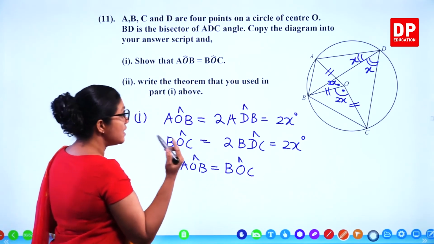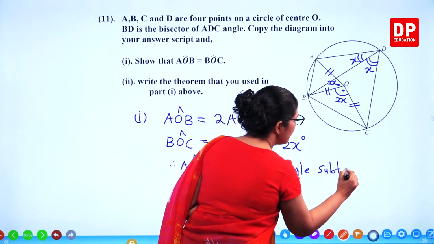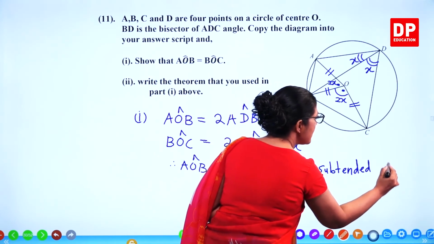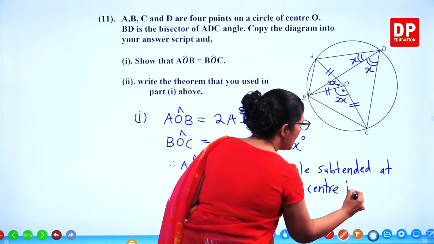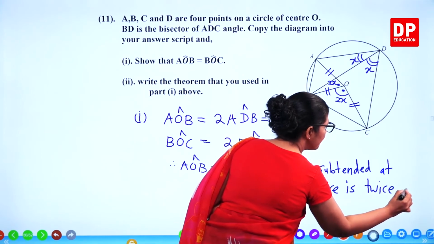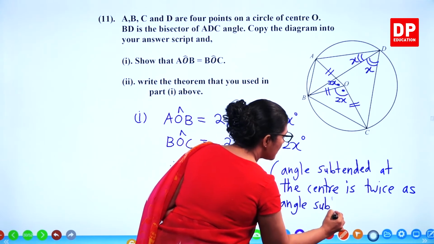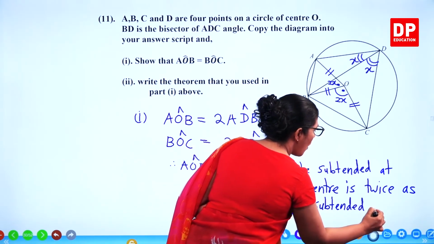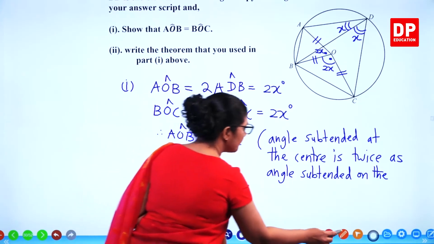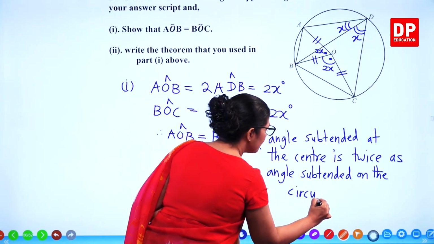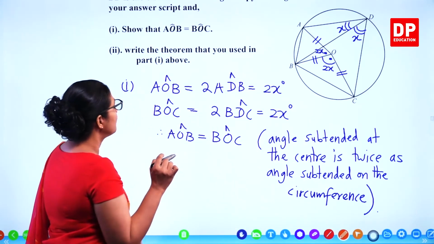Now you can write down the reason: angle subtended at the center is twice the angle subtended on the circumference. So these two are equal.